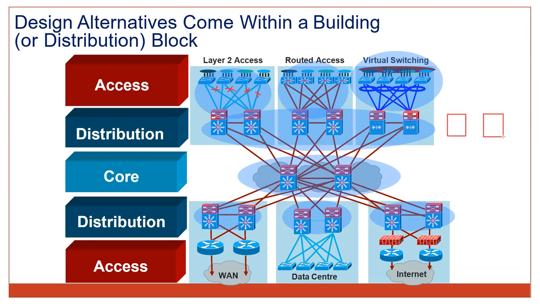Suppose this is a distribution layer switch, and then I'll draw some 1, 2, 3 access layer switches. Although you can see that we have this type of redundant connection, behind the scenes, what is happening in this design is that this will be one box, if we have pure VSS. Then instead of a triangle connection, we have a single connection going to each switch like this, like this, like this.